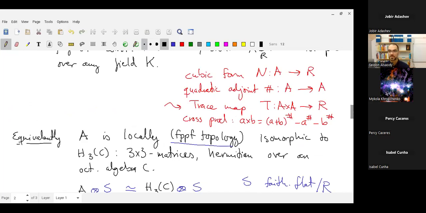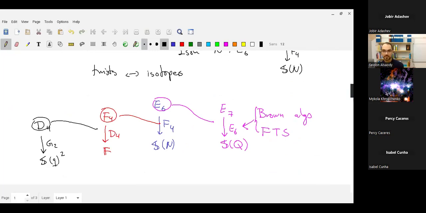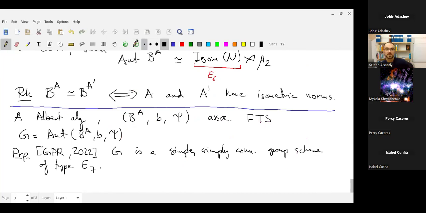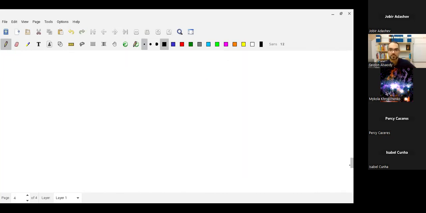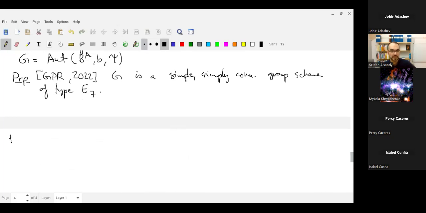But to do this whole yoga of torsors, I want to relate the E6 and E7. And so this is the first result that required some serious work to get.